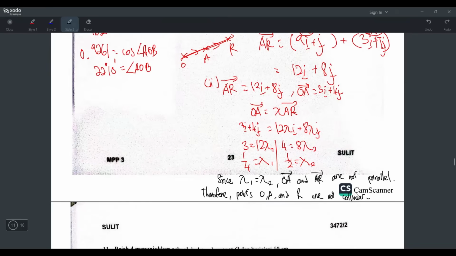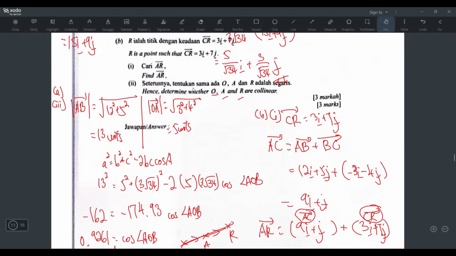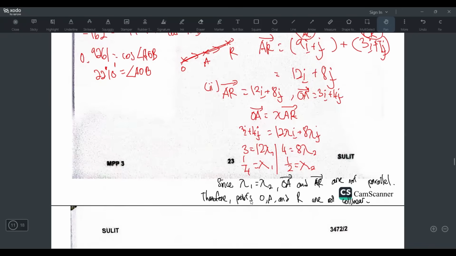Because if OA and AR are not parallel, it means they are not facing the same direction. So definitely they will not be on the same line, right? So how they ask, determine whether O, A, R are collinear. My answer is O, A, R not collinear, and that's the reason. So I have to write not equal. Luckily I noticed my careless mistake. Lambda 1 is not equal to lambda 2. That's why OA, AR are not parallel.